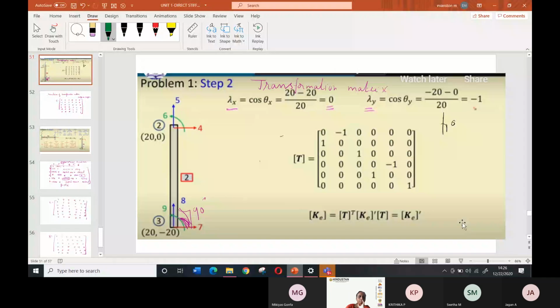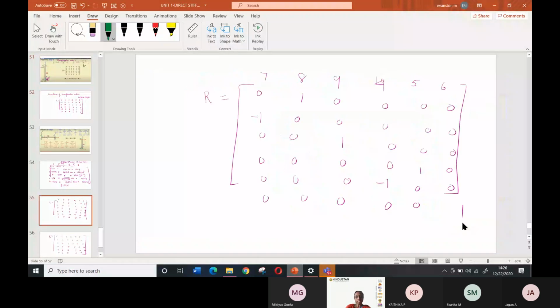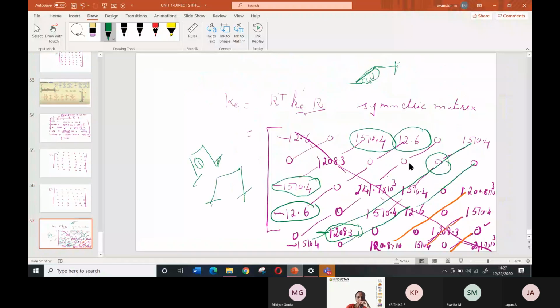It is like that, minus 1. Okay, but everyone is getting the same answer. I'll check the answer. Whatever I have rounded up as plus, you are getting as minus.